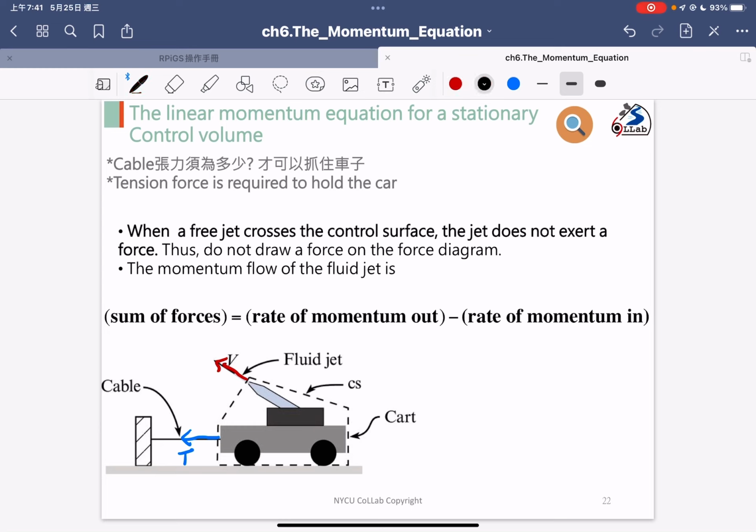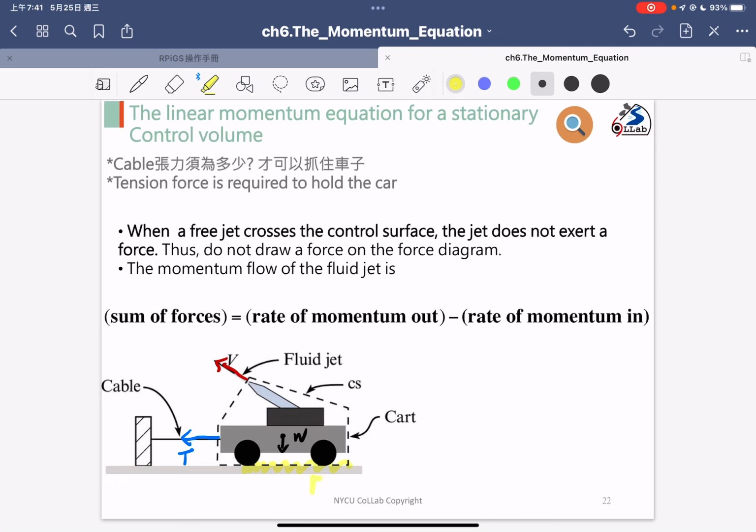Actually, we will have the weight for this problem, and maybe some frictional force related to the car.